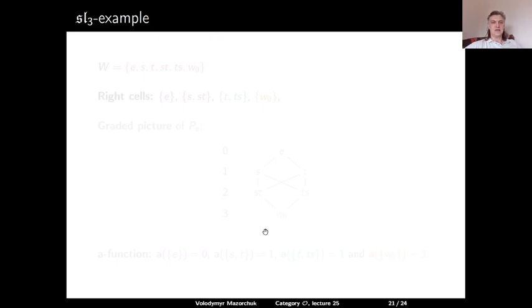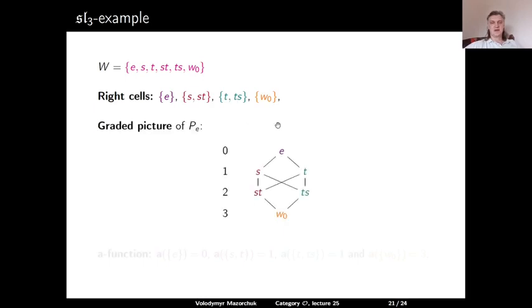Let us again look at the S_3 example. In this case, W consists of e, s, t, st, ts, and w_0. And the right cells are {e}, {w_0}, and then {s, st}, and {t, ts}. And here is a graded picture of P_e. So for the right cell {e}, the only subquotient appears in degree 0, so the a-function at e is 0.